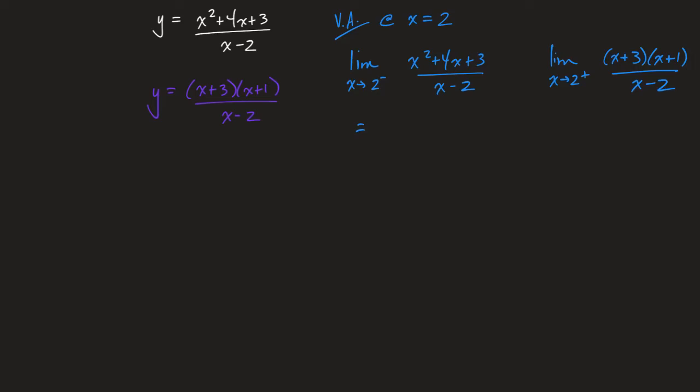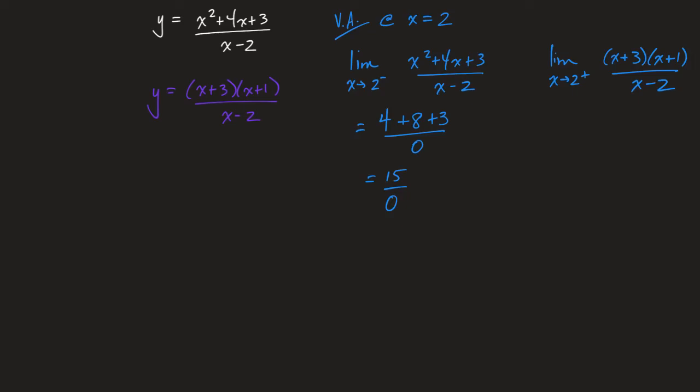Okay, so close to 2, I can treat it like it's 2. So I'm going to sub in 2: 2 squared plus 4 times 2 plus 3 all over 2 minus 2. I simplify that, and I have 15 on top and a 0 on the bottom. I love the 0 on the bottom. That confirms that that's my asymptote. However, now I need to remember that I'm not really subbing in 2, I'm really subbing in something a little bit less than 2.